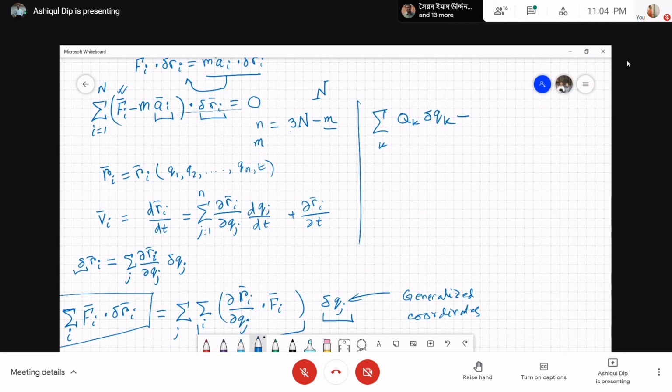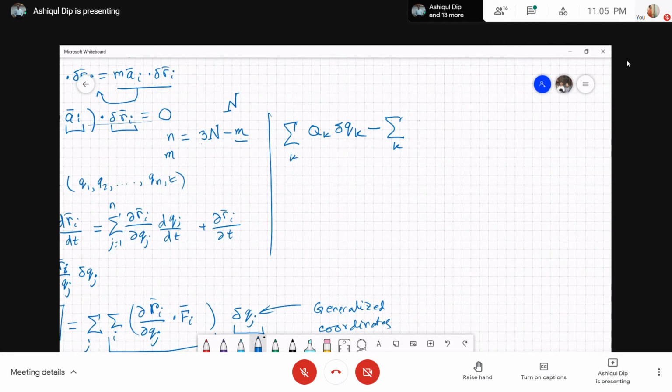Then we have our sum over i of m_i a_i dot δr_i, and what did we get? We got sum over k of d/dt of ∂T/∂q_k dot minus ∂T/∂q_k. That's what we got, right?